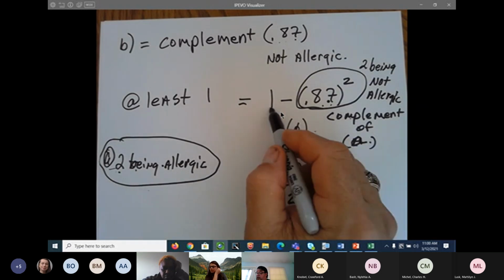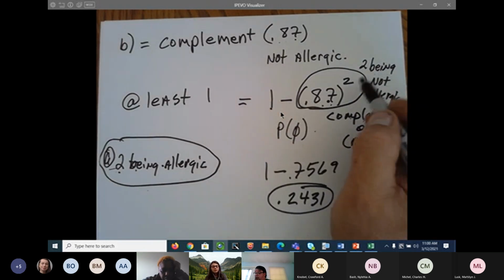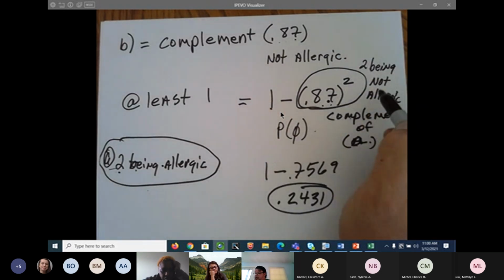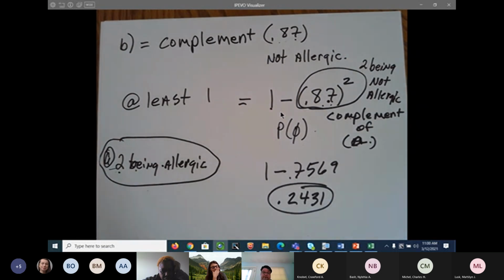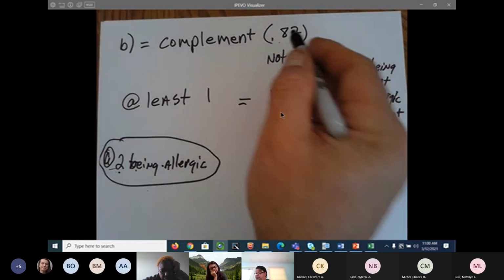And I took 1 and subtracted the probability of 2 being not allergic. That's where the 0.87 comes from.